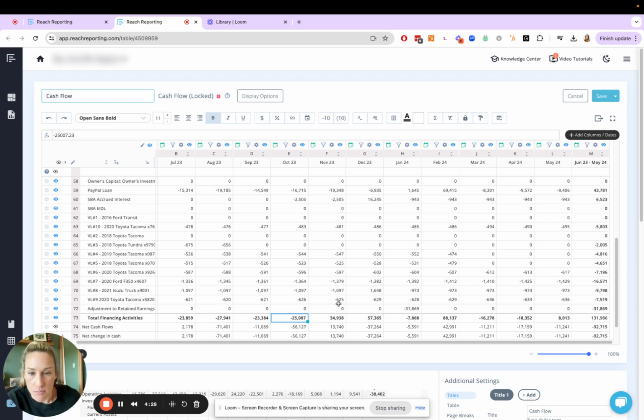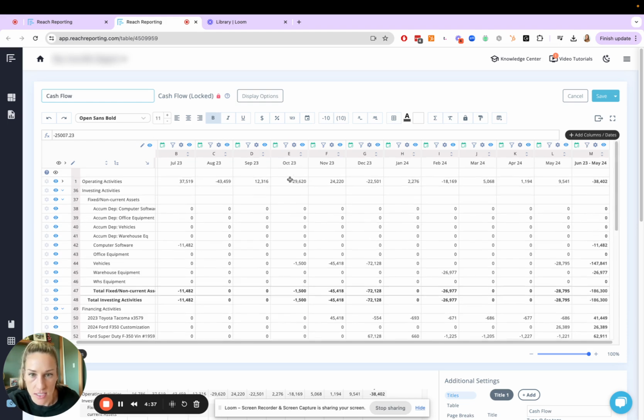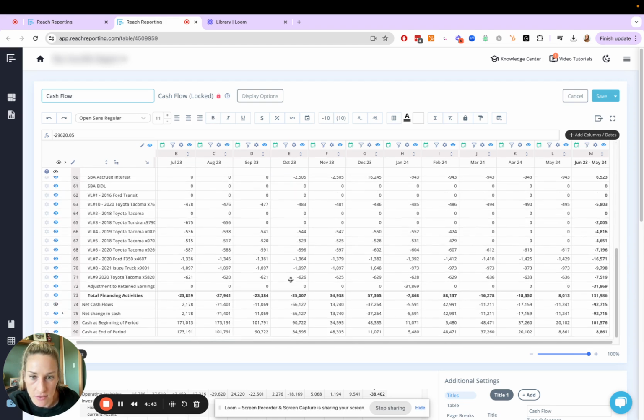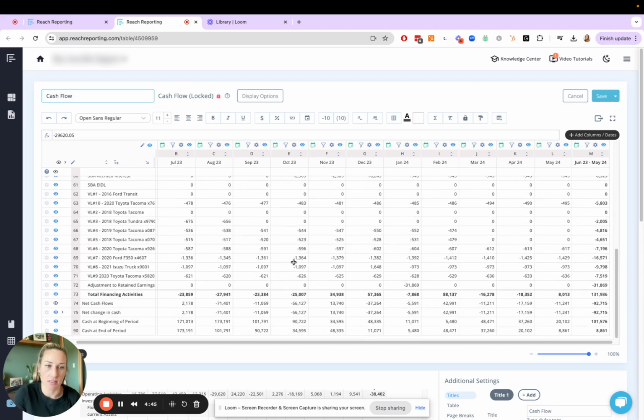So let's say they didn't buy any new equipment. They only had their loan repayments, and then they had their cash from operations. Well, they didn't even make a cash flow in October 2023, and then they're spending money on debt repayments.